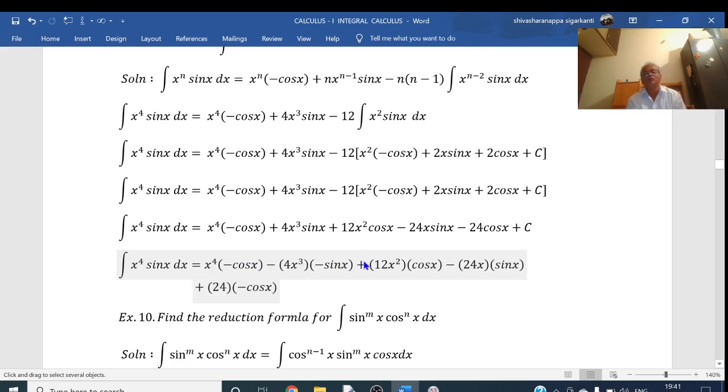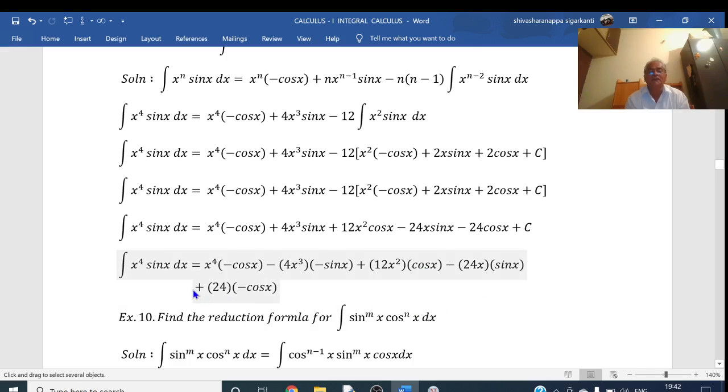Then we have to write plus the differentiation of 4x cube, the derivative is 12x square, into the integration of the second, minus sin x, whose integration is minus cos x; minus of minus becomes cos x. Then write the negative sign, minus the derivative of 12x square, which is 24x, into the integration of cos x, which is sin x.